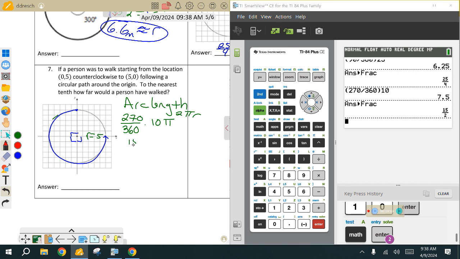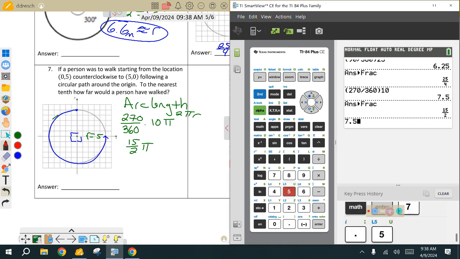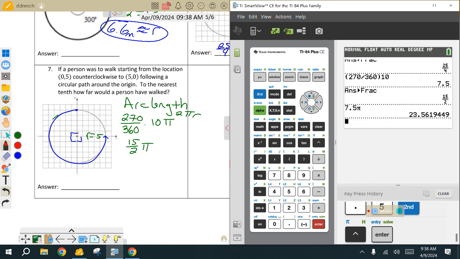But it does say to nearest tenth. 7.5 pi or 15 halves pi, whatever you want to do. It does say to nearest tenth. So how far? 23.6 units. Okay, and units, remember, units is 1 dimension. That's 1 dimension there.